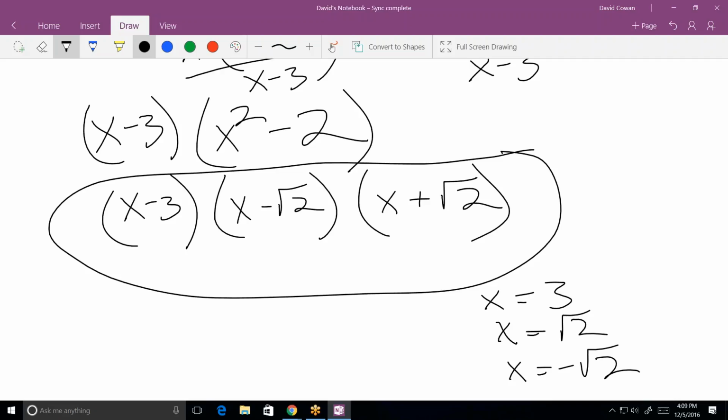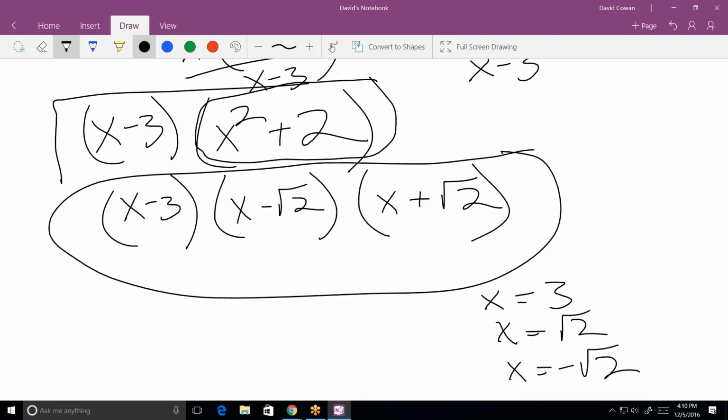But the only time you do not take that quadratic further down is if it has only imaginary solutions. In other words, if that ended up being x squared plus 2, that is an irreducible quadratic. I cannot factor it with anything but imaginary solutions, and therefore I leave it like that, and that's my answer.